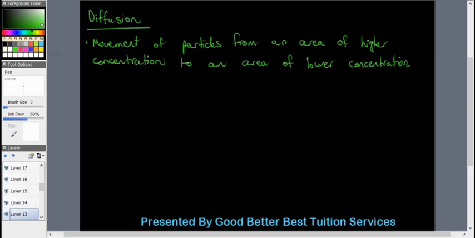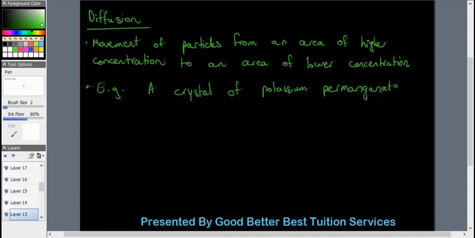For example, let's take a look at a crystal of potassium permanganate. The chemical formula for that is KMnO4, potassium permanganate.